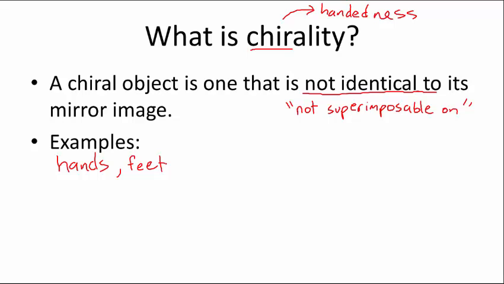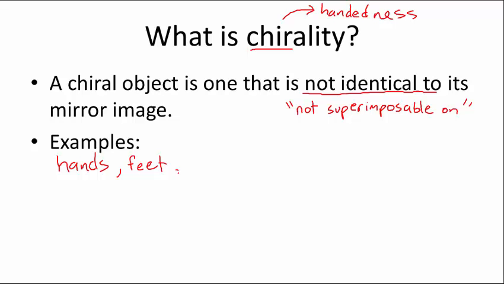But if asked to explain how they're not identical, you need to use directions. So you could say, well, this is a right hand because if you look at it with the back of the hand facing you, the thumb is on the left side and the pinky's on the right side. But the explanation of how they're different has to involve directions.